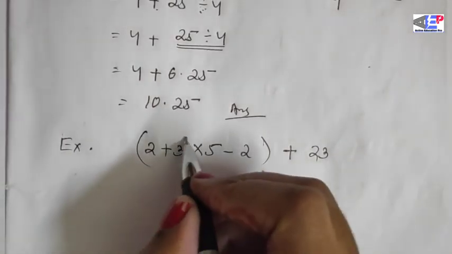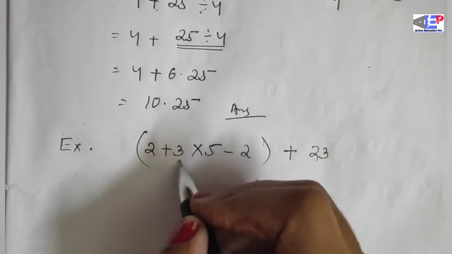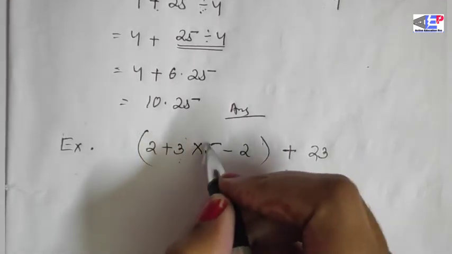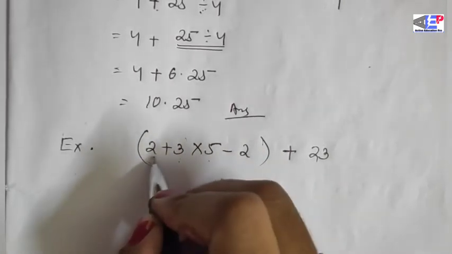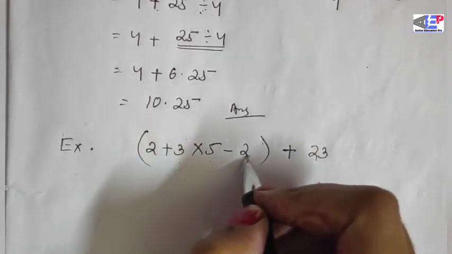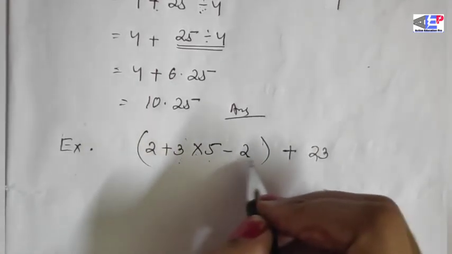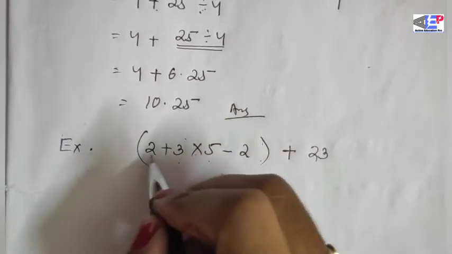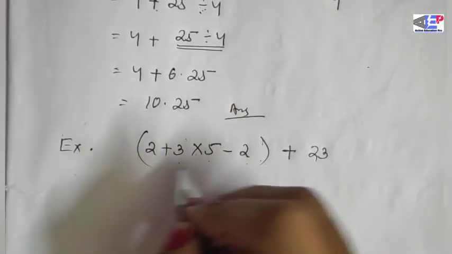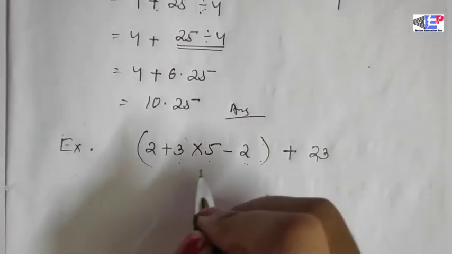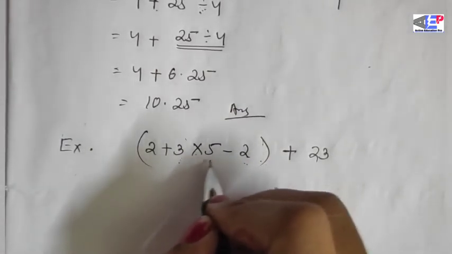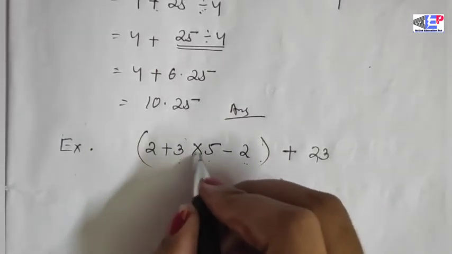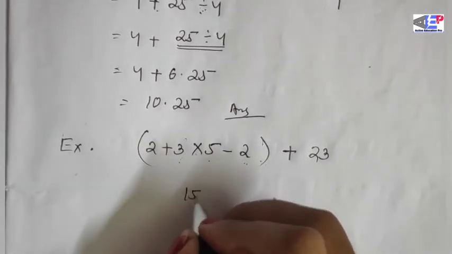If there were a bracket around each pair, we would simply add and subtract the values, then multiply. But here there is no such bracket; there is one bracket for all the terms. So as per the rule, first you have to multiply. Multiply 3 into 5, 15.